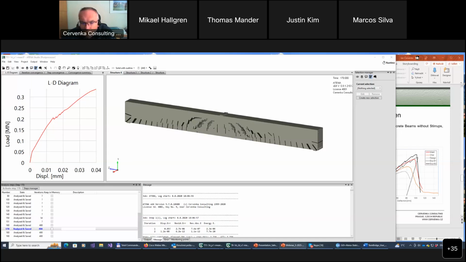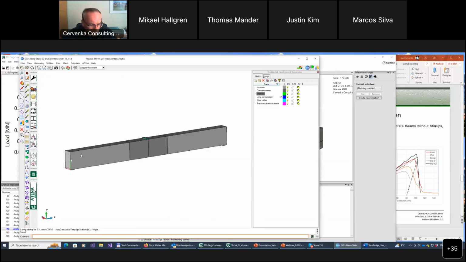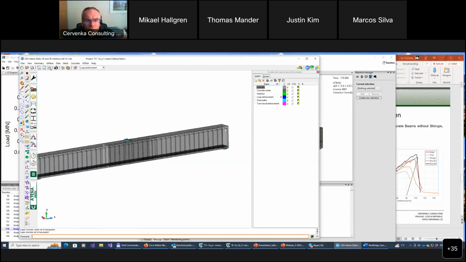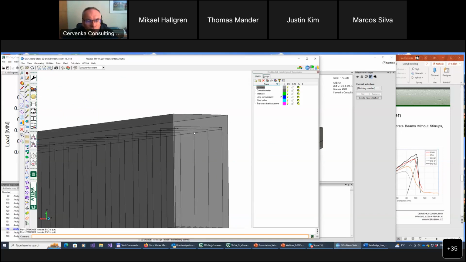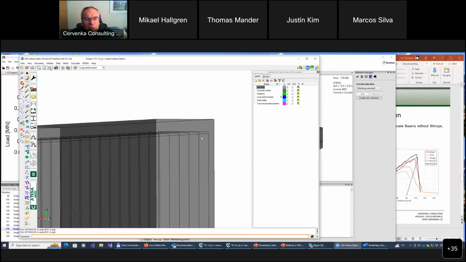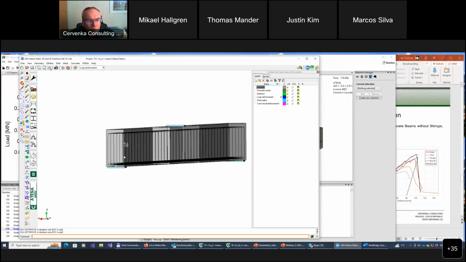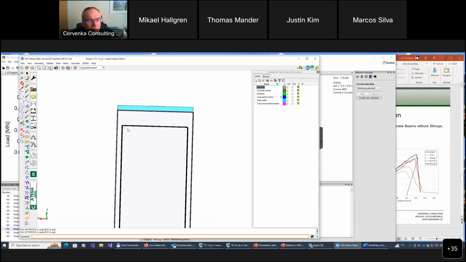Well, of course they are not, because, for instance, if you look at this beam, and let's say I make it transparent, you see the reinforcement here, and you see the stirrups, and because the reinforcement is represented by its center line, as well as the stirrups, there is a little distance.